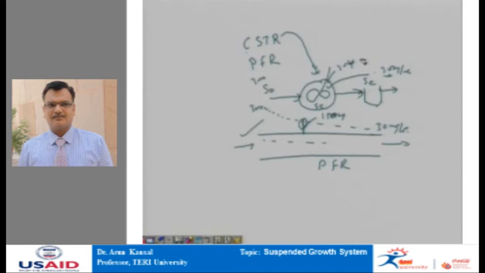Therefore, suppose this is the aeration tank shown in plan, which has some surface aerators, wastewater is entering, wastewater is leaving. What we can do is convert that into a plug flow by putting certain baffle walls in between, so that the flow of water becomes like this.